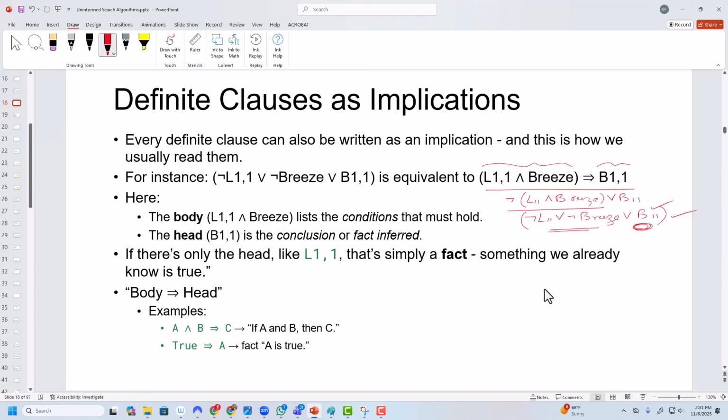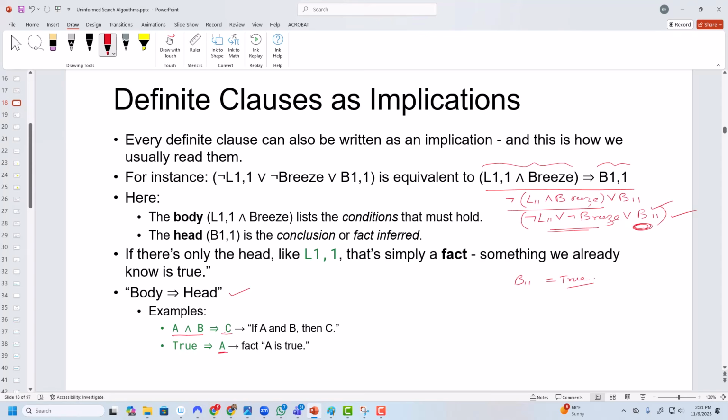If there is only the head, if we just say B11, then we actually mean B11 is true. So the generic format is body implies head. A and B implies C: A and B is the body, C is the head. True implies A means the fact is that A is true. This is a very important type.